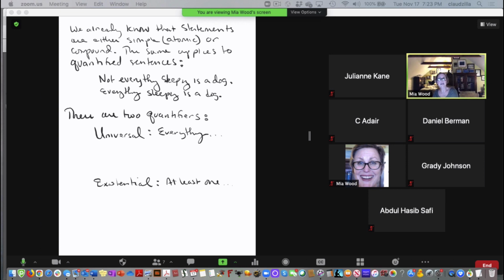So let's start with the existential, given the example that I used earlier. If I say that Stewie is sleeping, and then I say someone is sleeping, then that means that the quantifier is an existential.